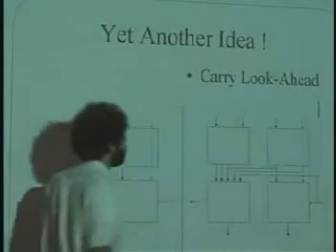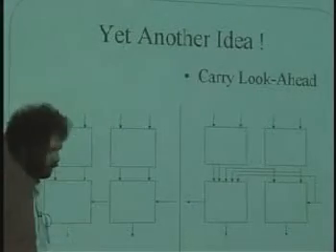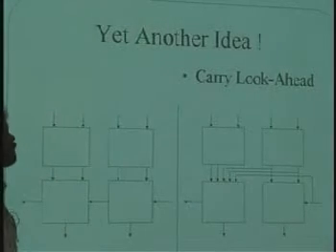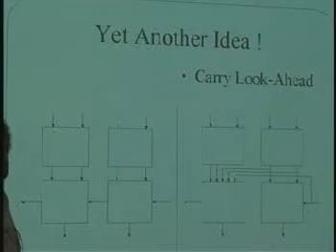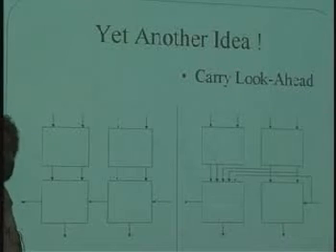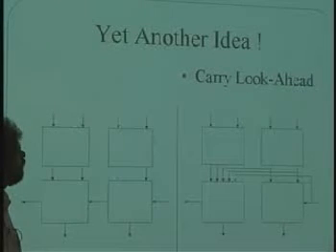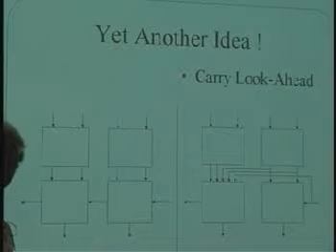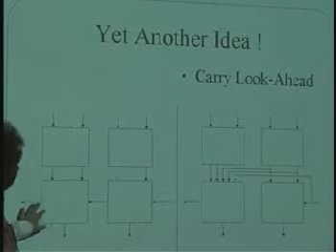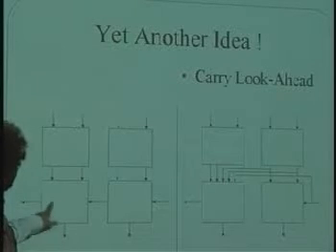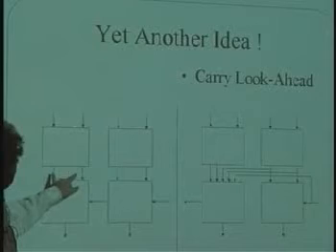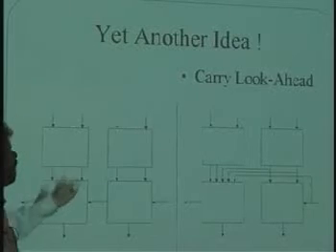But guess what? It turns out that we can do a lot more than just this. We can look ahead. We can look ahead and we can say, you know what? I'm going to have a sum bit and a carry bit that depends on whether these two things, say, generate or propagate.